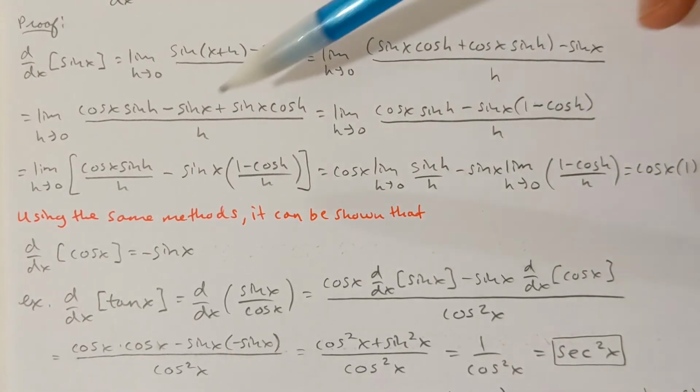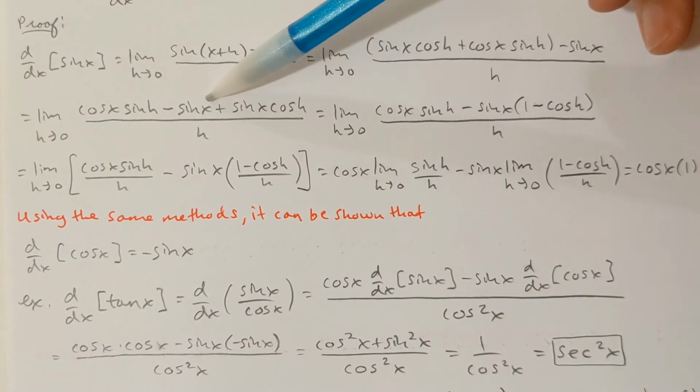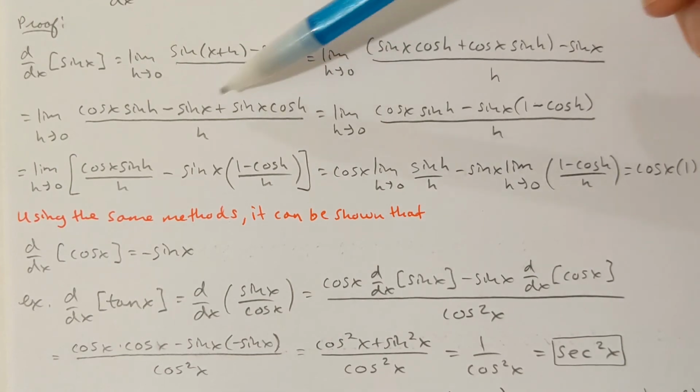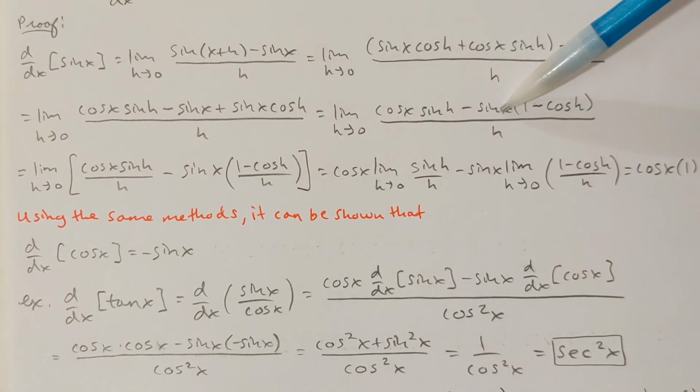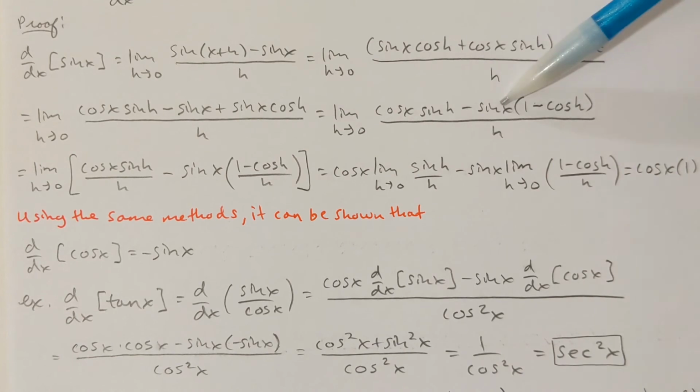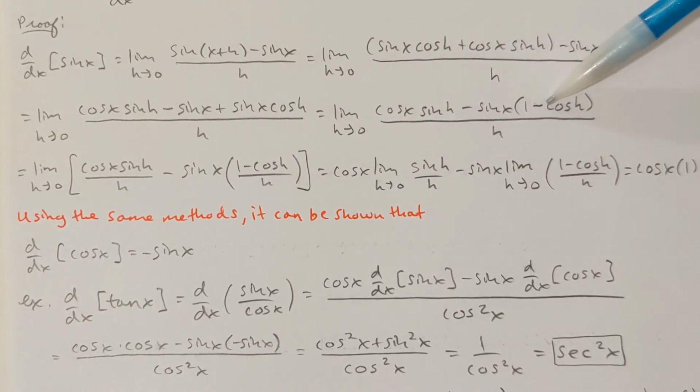Now, with the last two terms, sine x is in common. So I'm going to factor out a sine x from both of these. And the leftover then would be 1 minus cosine h. Of course, if I distribute negative sine x back inside, I'll get negative sine x plus sine x times cosine h.